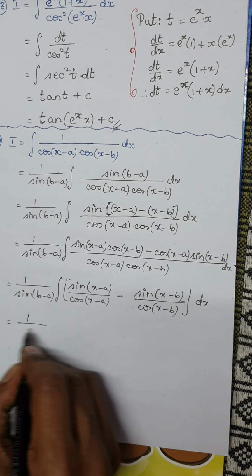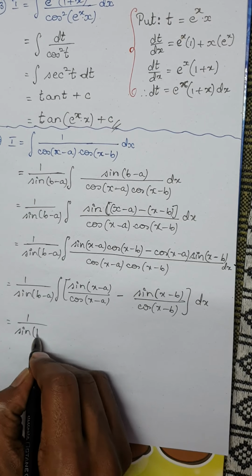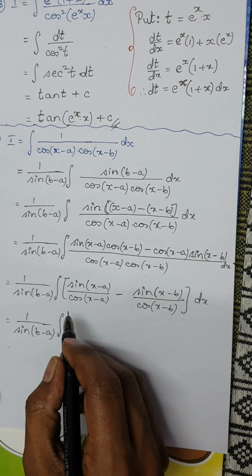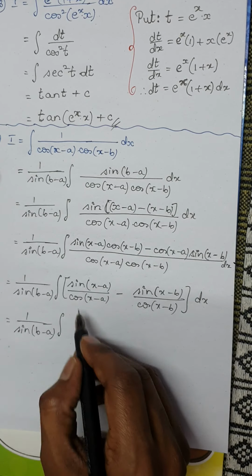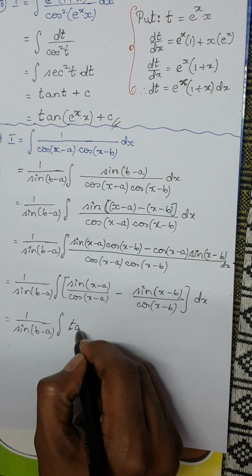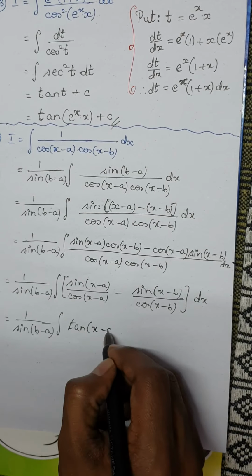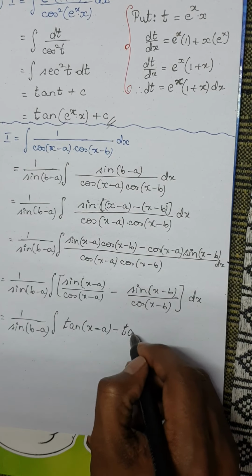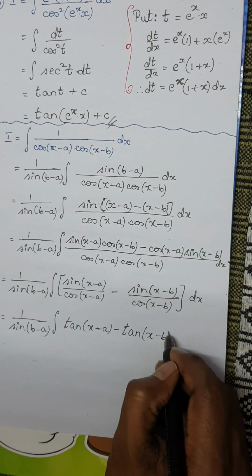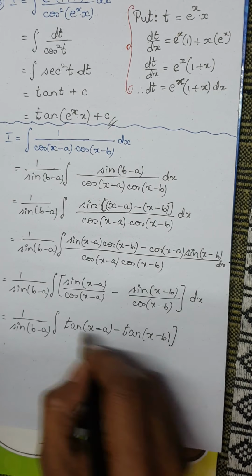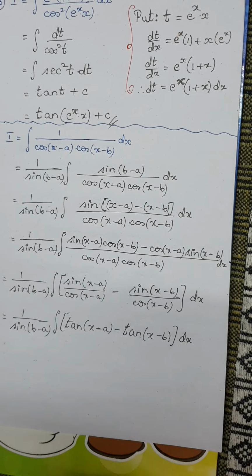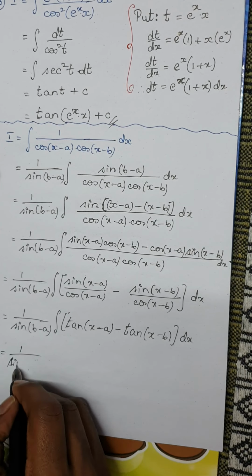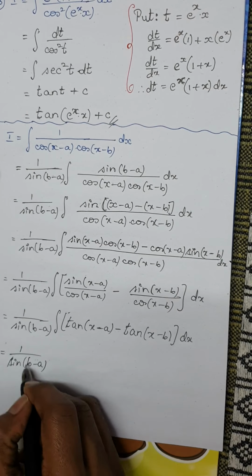This is nothing but 1 divided by sine of b minus a, into integral of, now what is sine by cos? We know sine by cos is nothing but tan of x minus a, minus, again sine by cos is nothing but tan of x minus b, dx. Now this is nothing but 1 divided by sine of b minus a.